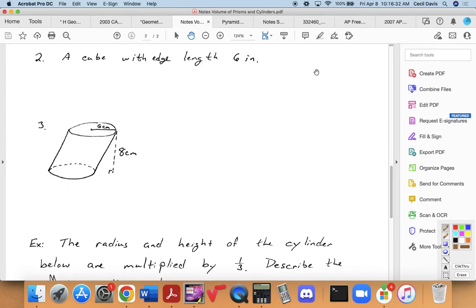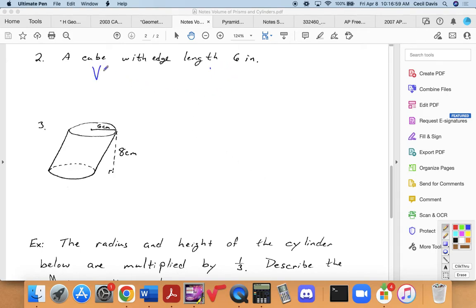A cube with edge length 6 inches. You have two choices on this. You can go through and do it the regular way, or if you remember the formula for the volume of a cube, which is on the first page, you can use it. Okay, so it does not matter to me which one you use.